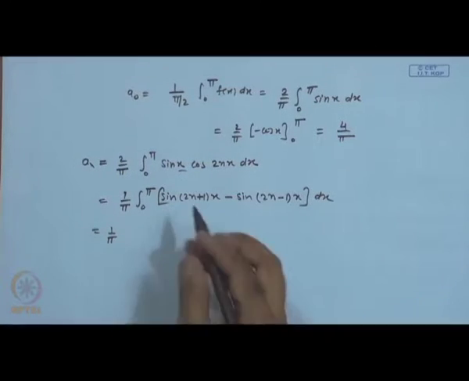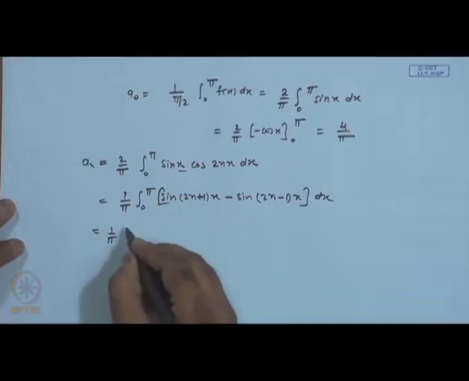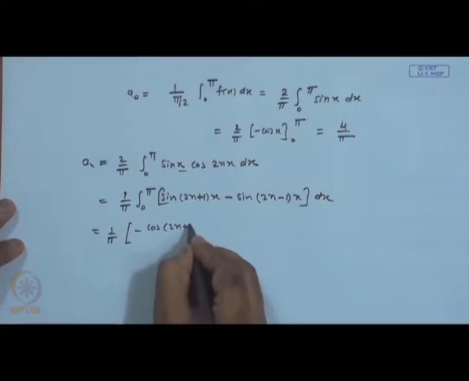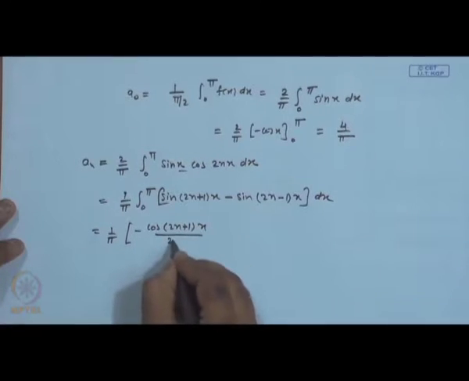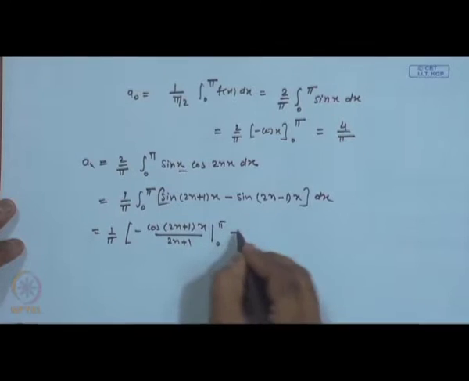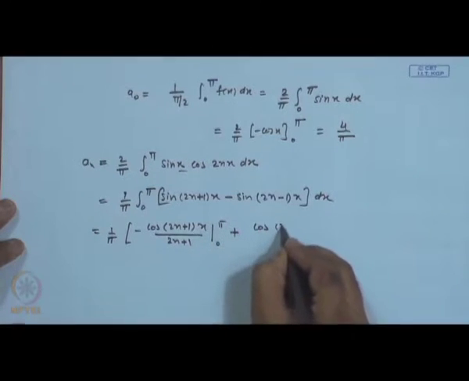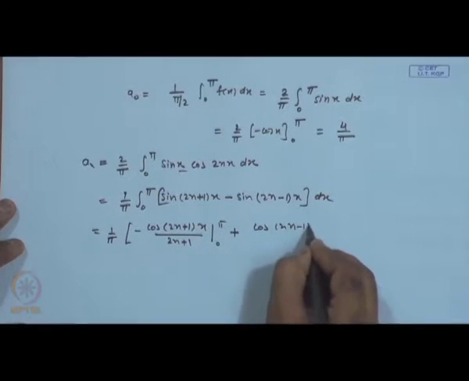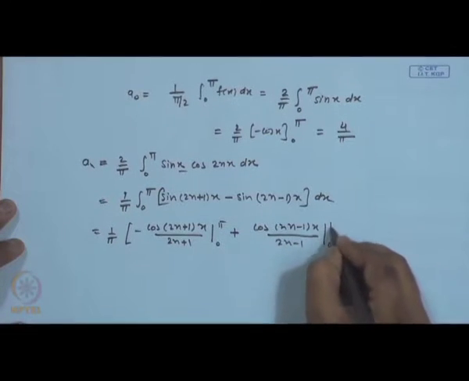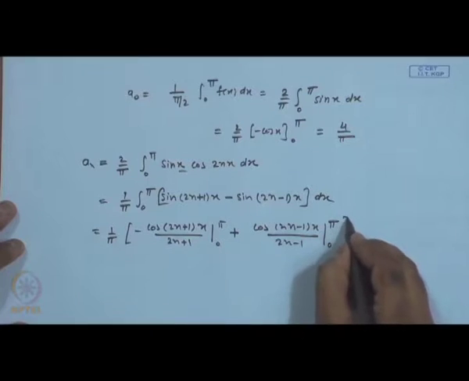So, we have sin x, that is cos, with minus sin 2 n plus 1 x over 2 n plus 1, and the limit 0 to pi, and we have here 2 n minus 1 x over 2 n minus 1, and again 0 to pi.